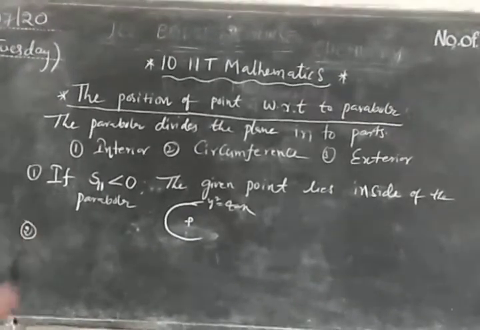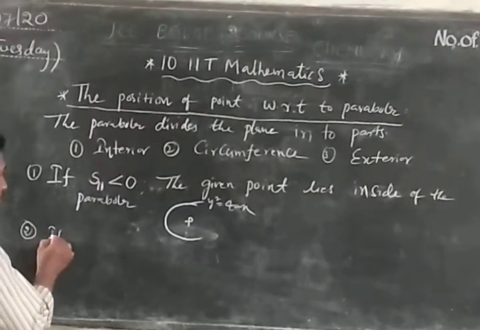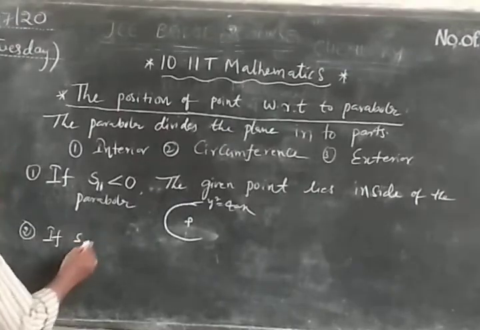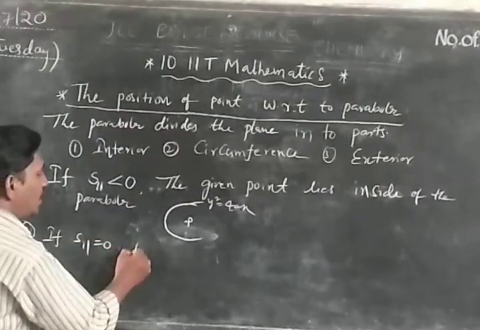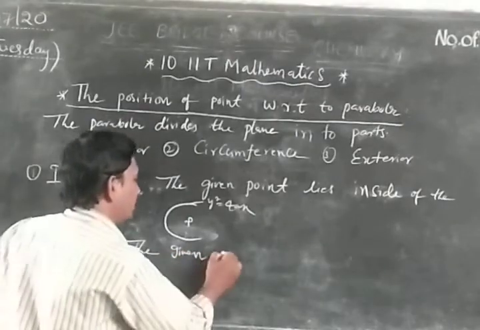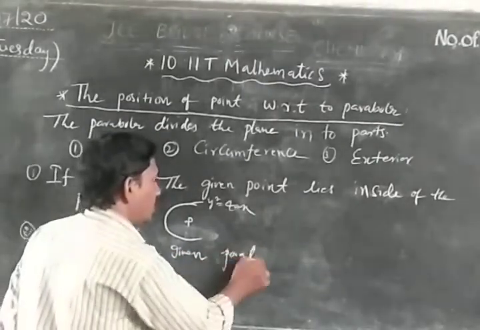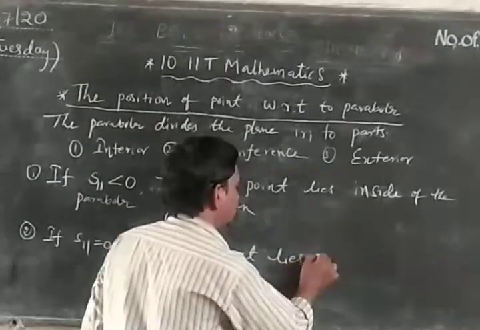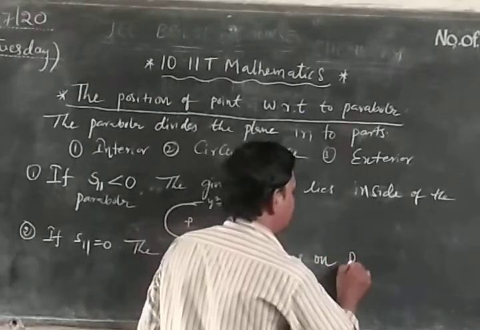The second one: if S11 equal to 0, the given point lies on the parabola.